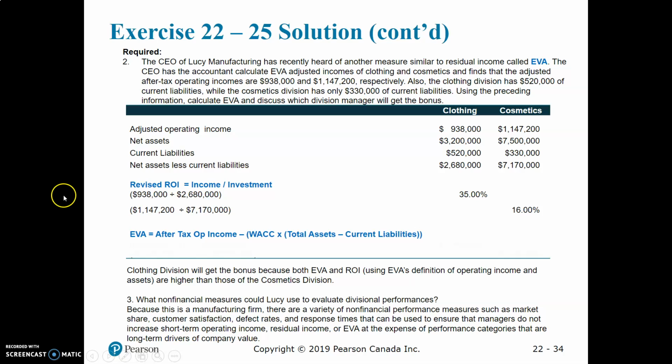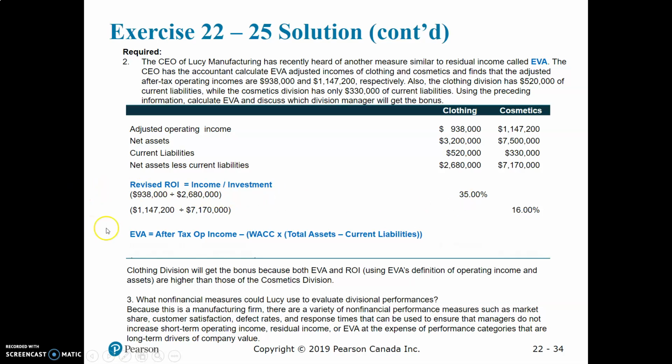With the adjusted operating income, we need to calculate the revised ROI for Lucy Manufacturing. Again, the formula is income over investment. So for the clothing division, income of $938,000 divided by the net investment of $2.68 million gives us the revised ROI of 35% for the clothing division.